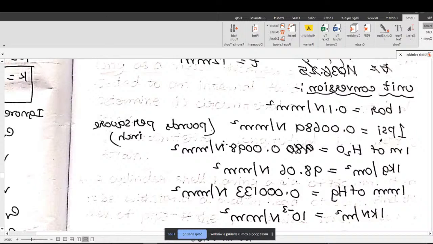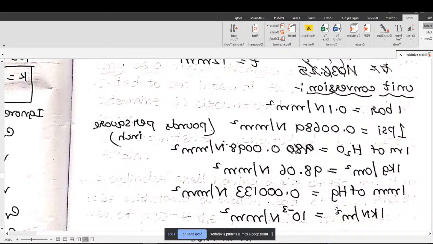Suppose they give PSI. PSI means pounds per square inch. That is a British unit. If you want to convert it into newton per mm square, multiply by 0.00689. Suppose it is given as meter of water, then you should multiply by 0.0098 newton per mm square. Suppose they give pressure in kg per centimeter square, then you should multiply by 0.0981 newtons per mm square.